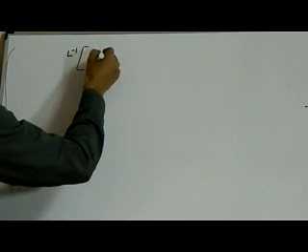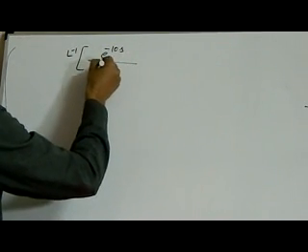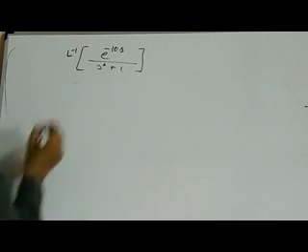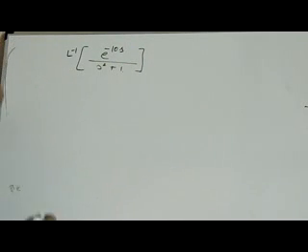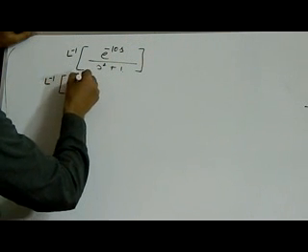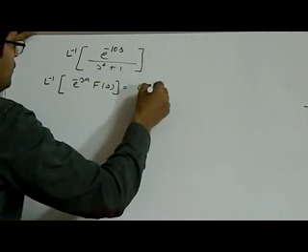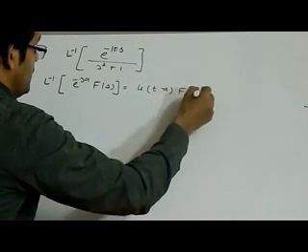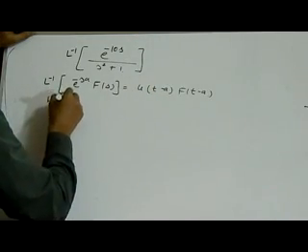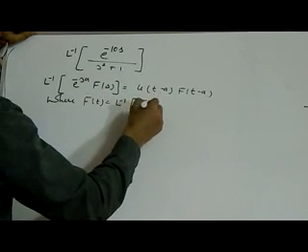Suppose I have to find the inverse transformation of e to the power minus 10s upon (s square plus 1). This is my question. So now if I compare this with L inverse of e to the power minus sa into F(s), by the second shifting theorem it was u(t minus a) into f(t minus a), where f(t) is the inverse transformation of F(s).